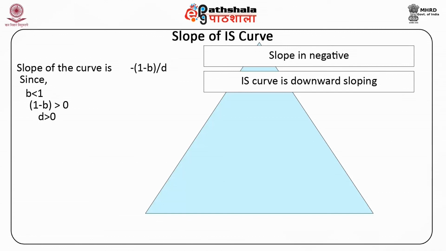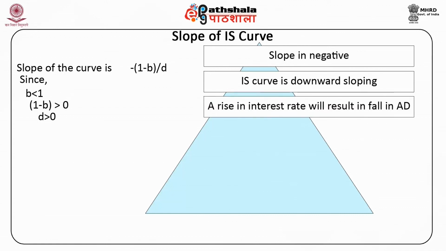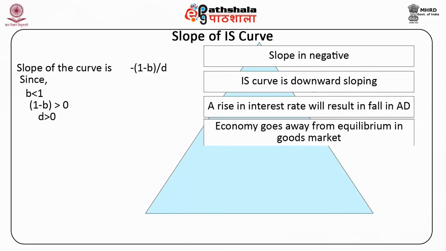The downward sloping curve can also be seen intuitively. A rise in interest rate will result in a fall in AD. This will take the economy away from equilibrium in the goods market.